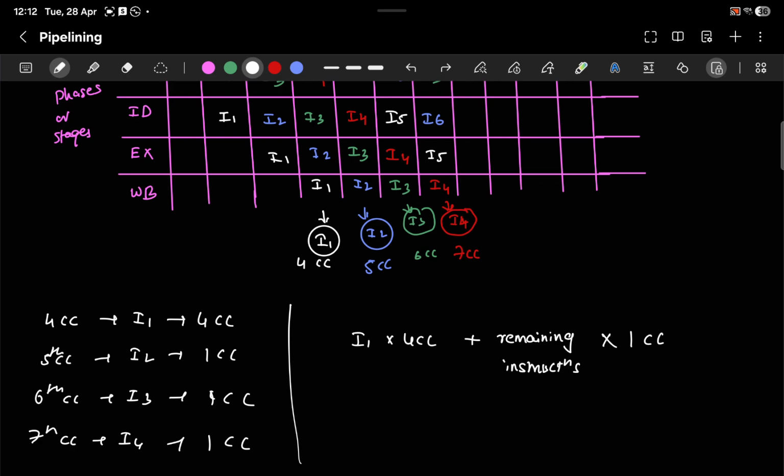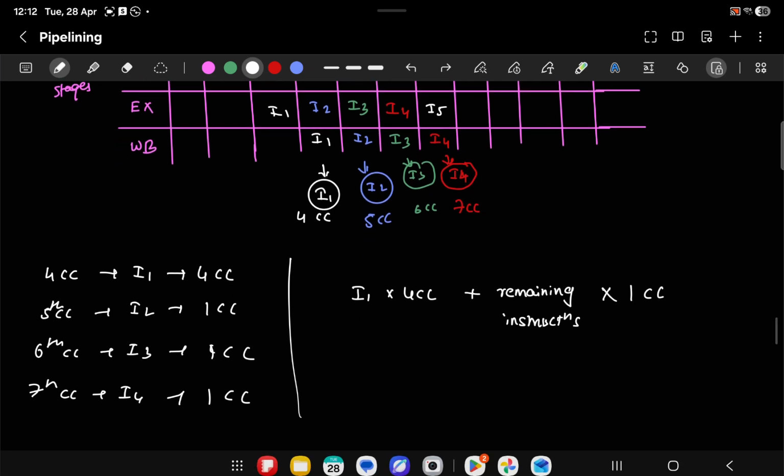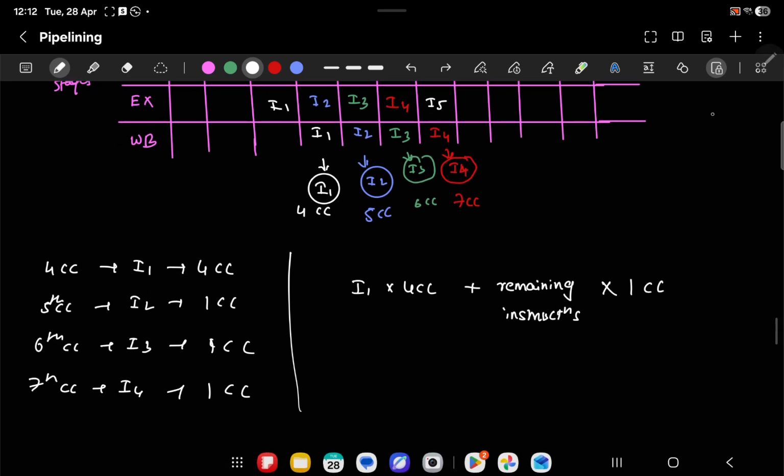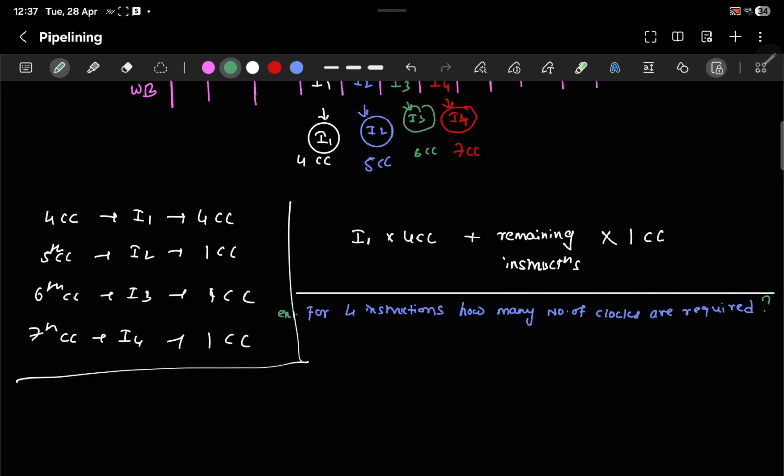So you can formulate a formula with this, right? How can you calculate? Let's see this exercise. Suppose there are 4 instructions to execute. Then tell me how many clock cycles will be required.